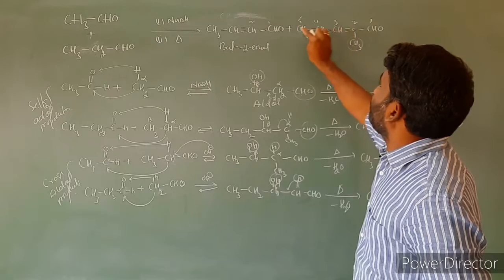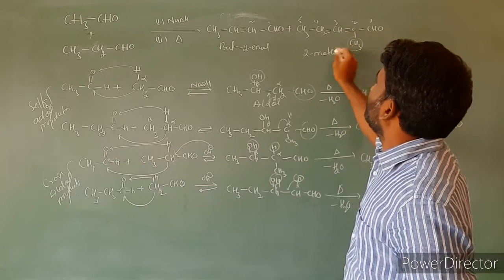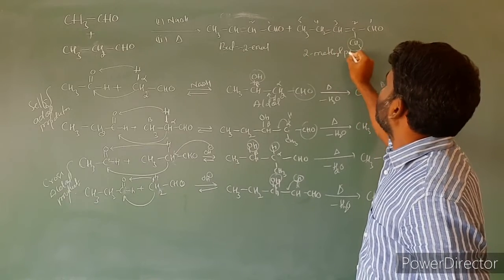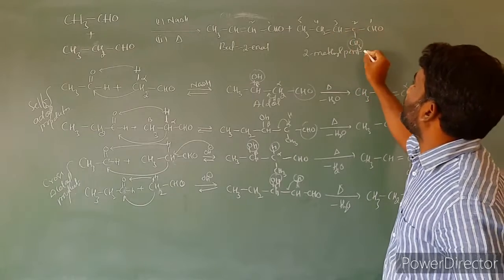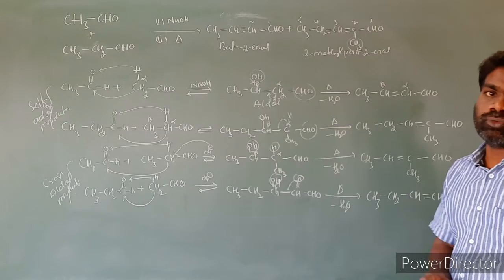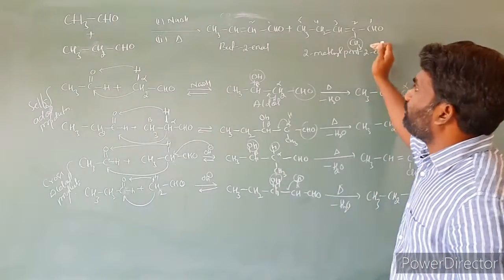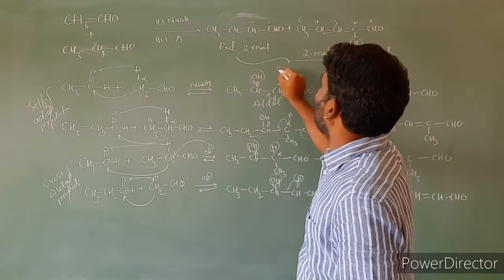So 2-methylpent, at which carbon? Second carbon. 2-methylpent-2-enal. This is the product formed. These two are the self-aldol products.